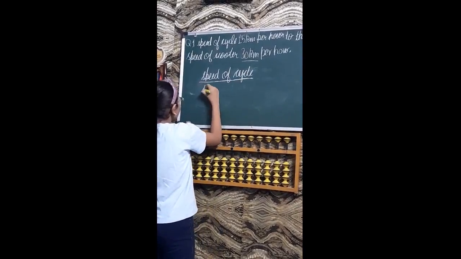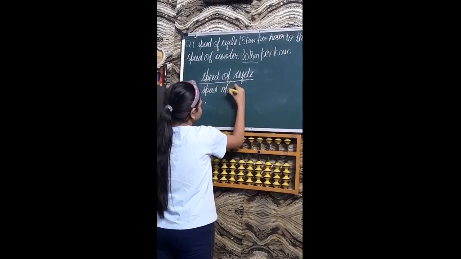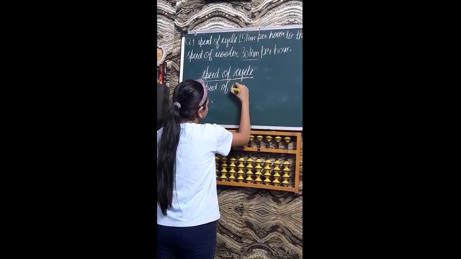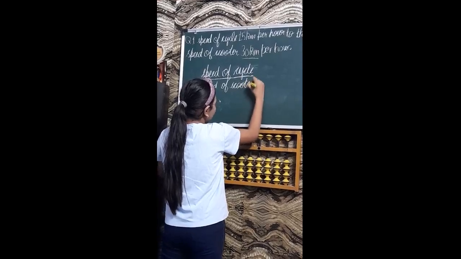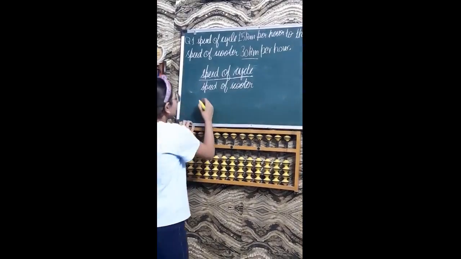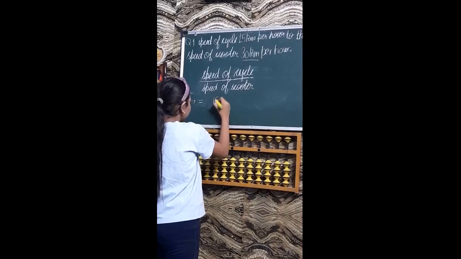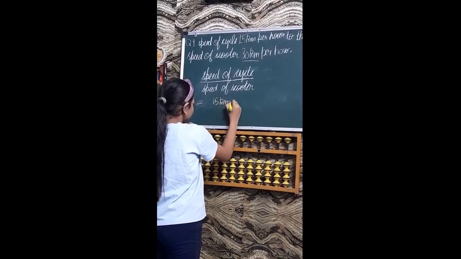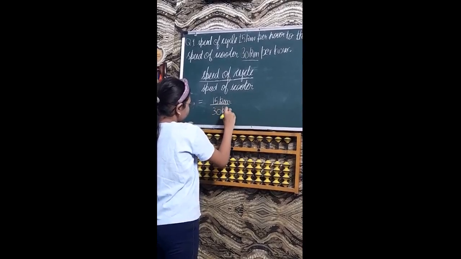by the speed of the scooter, because we have to take out the ratio. We have to write it as a summary. Okay. Now what will we write right now? 15 kilometer by 30 kilometer. Written.